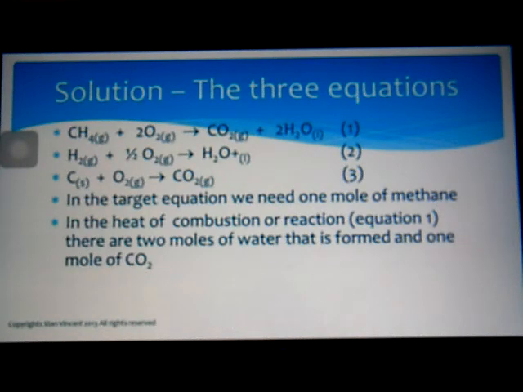So we need to know the heat change associated with the formation of 1 mole of carbon dioxide and 2 moles of water. The data was provided for 1 mole of carbon dioxide and 1 mole of water. In order to obtain the energy released due to the formation of 2 moles of water, we will have to multiply equation 2 by 2 so that it produces 2 moles of water, and the energy released will double.